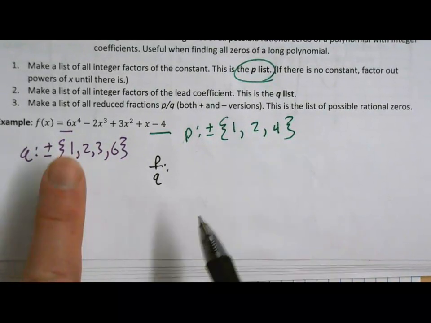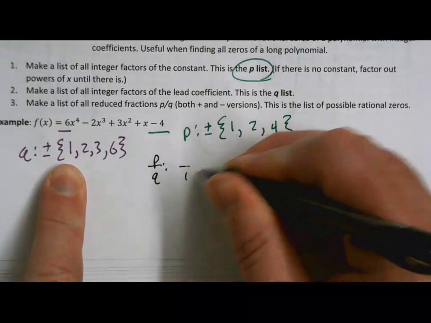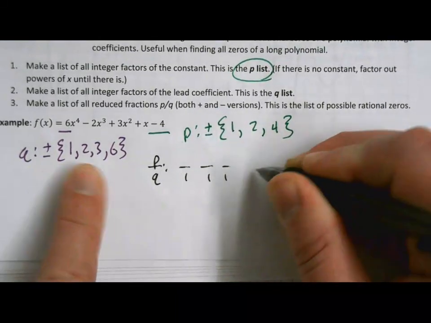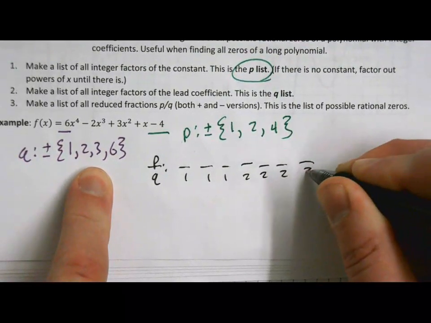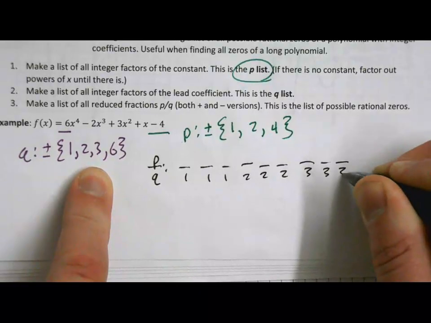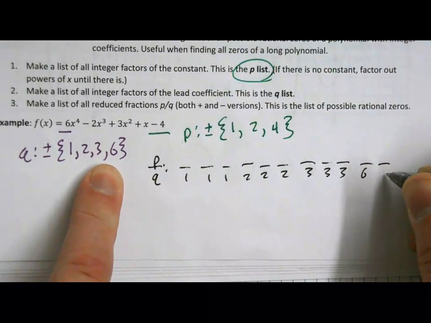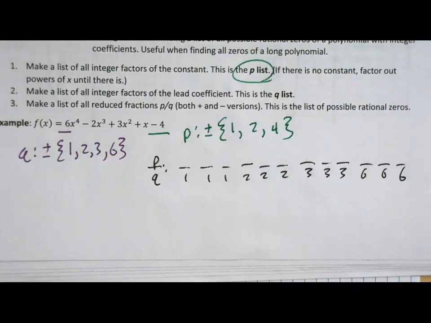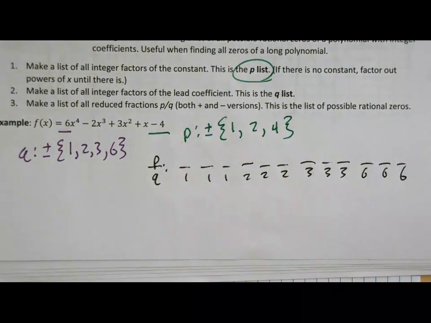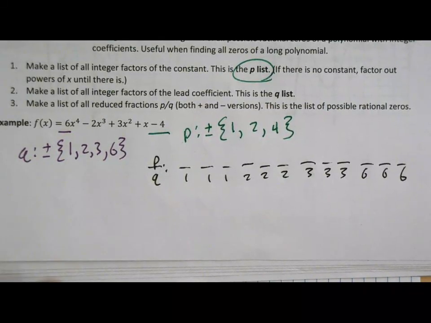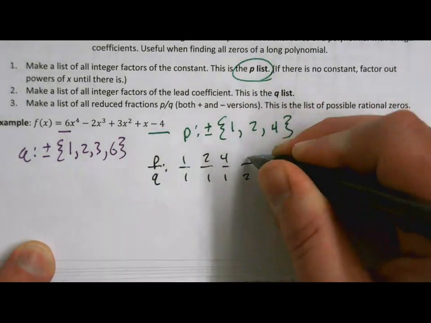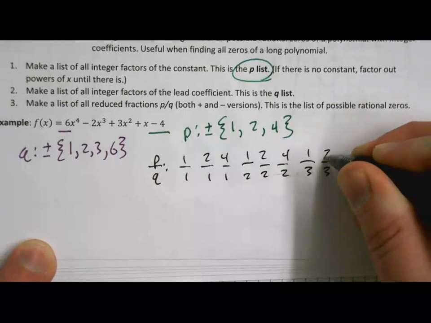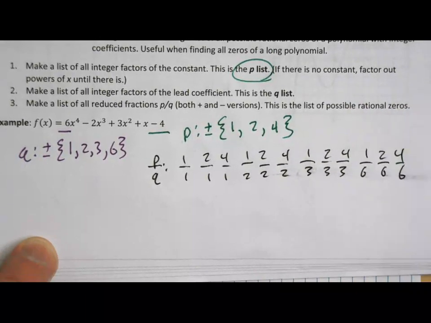There's going to be 3 things with 1s in the bottom, and 3 things with 2s in the bottom, and 3 with 3s in the bottom, and 3 with 6s in the bottom. So 1, 2, 4, 1, 2, 4, 1, 2, 4, 1, 2, 4.